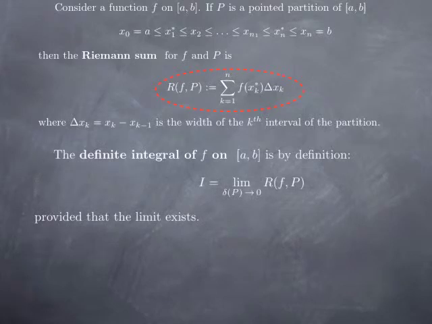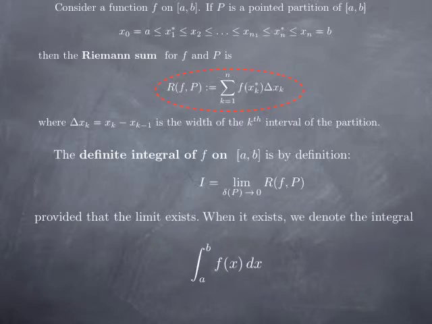And the integral of the function on AB, if it exists, is the limit of these Riemann sums as the parameter of the partition goes to 0, where this parameter is by definition the maximal width of the subintervals.